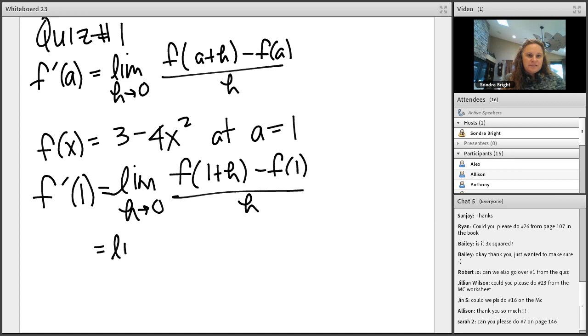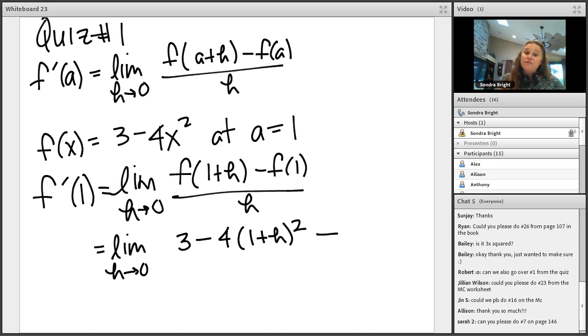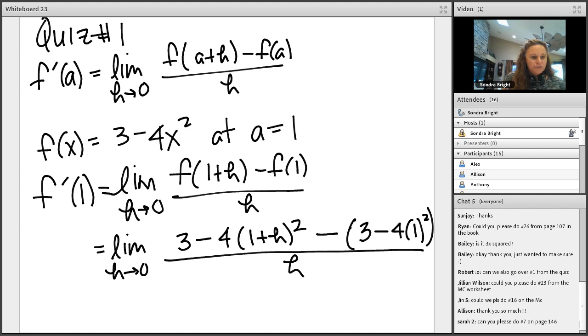And then that's the limit as h goes to 0 of f of 1 plus h, which would be 3 minus 4 times 1 plus h quantity squared, and then minus f of 1, which would be 3 minus 4, so a -1. I'll write it as 3 minus 4 times 1 quantity squared. And then that's all over h.